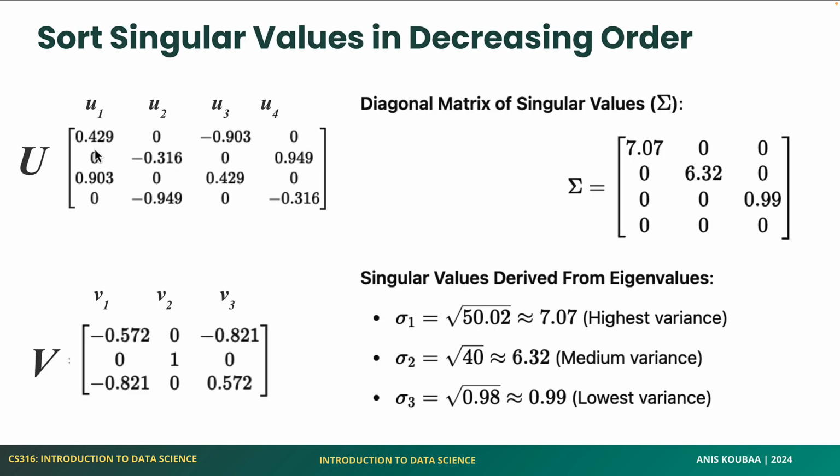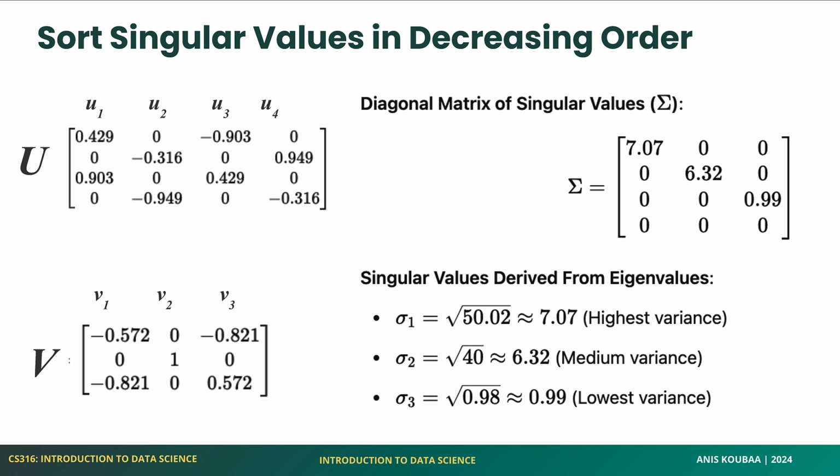So this singular vector corresponds to this singular value, then the second one corresponds to the second one, and so on. We organize them in the same order as the eigenvalues. We do the same thing. So now we have a matrix U, a matrix V, and a matrix sigma.